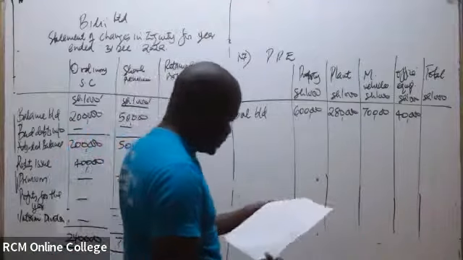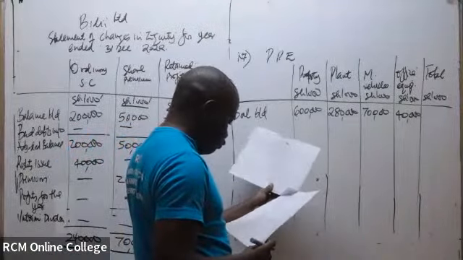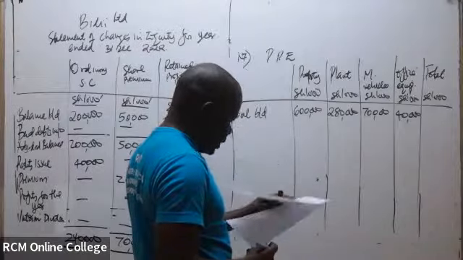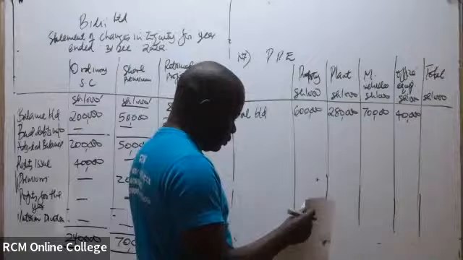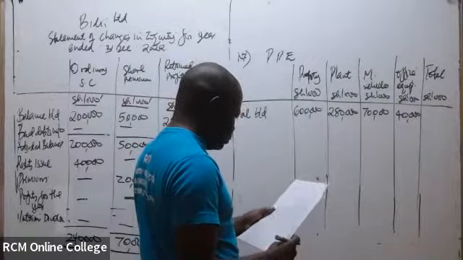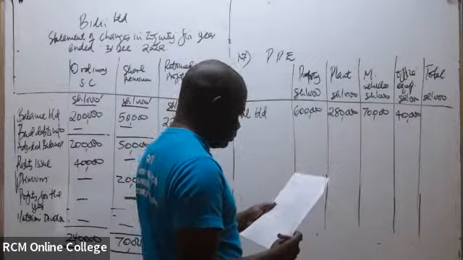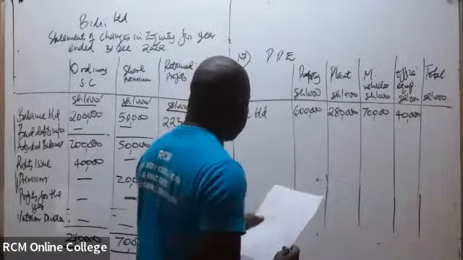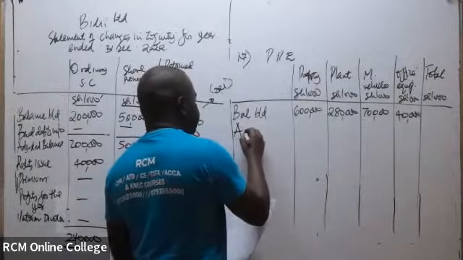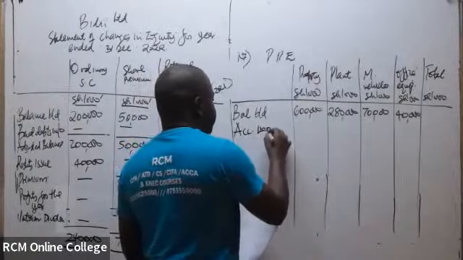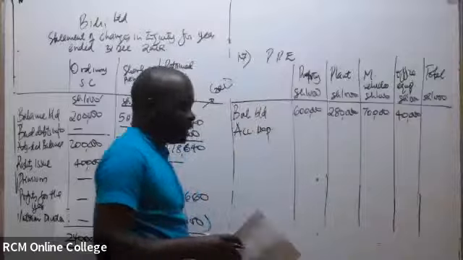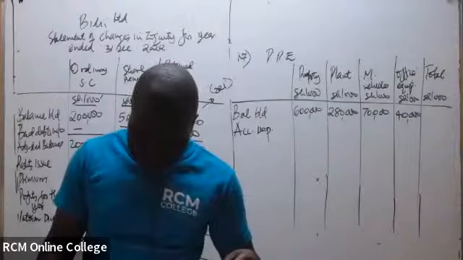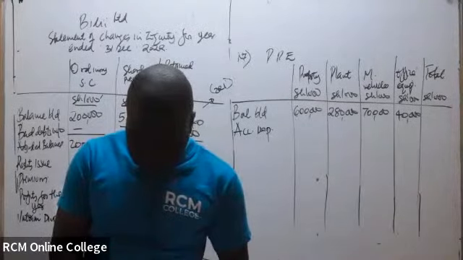We need to less the accumulated depreciation. In this case, for property, plant, and equipment, I think it is 80 million. It is actually 80 million.